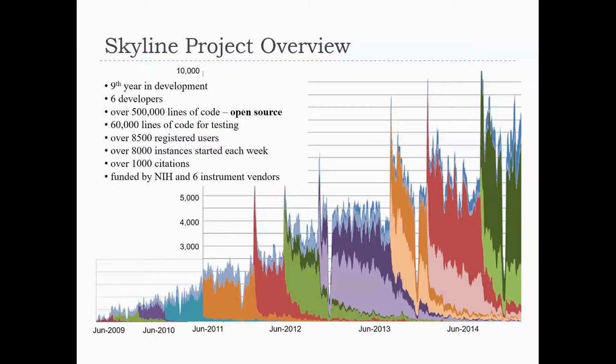And 60,000 lines of code for testing. We're very, very into testing and having testing rigor and making sure that every release is as reliable as the last one, and people don't go like, ooh, don't touch that new release, you really broke things. And so actually you can see at the top here, this blue at the top is what we call the Skyline Daily Release. If you've never used the Skyline Daily Release, I encourage you to download it.